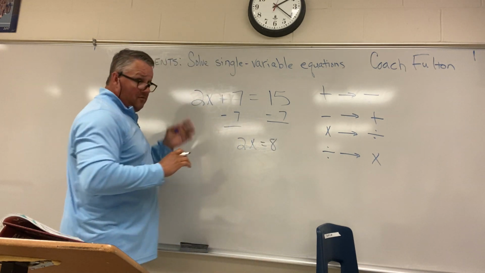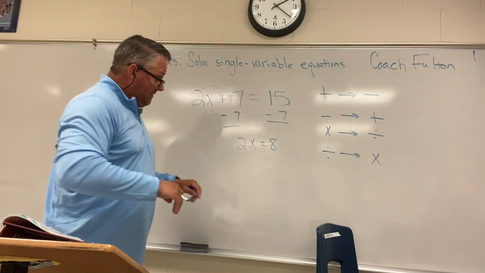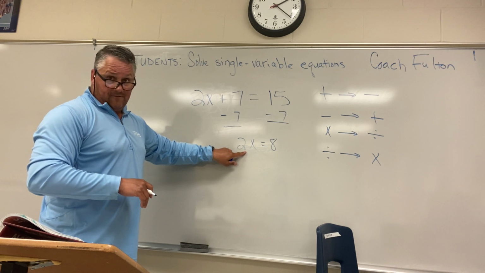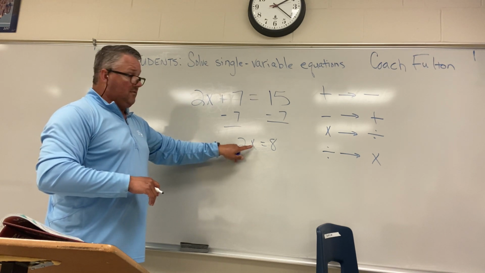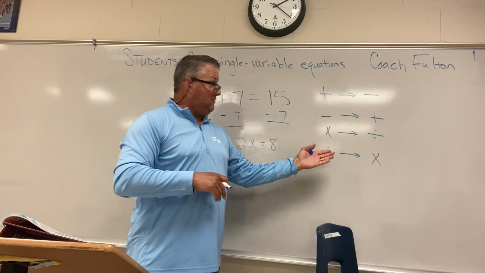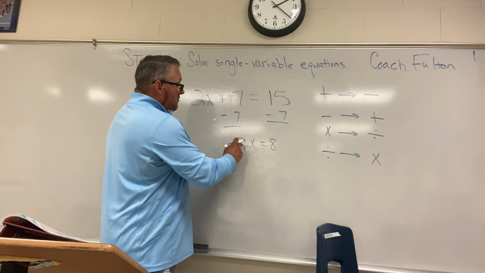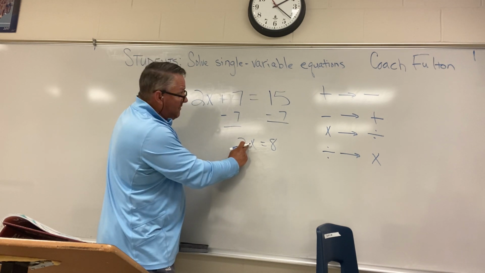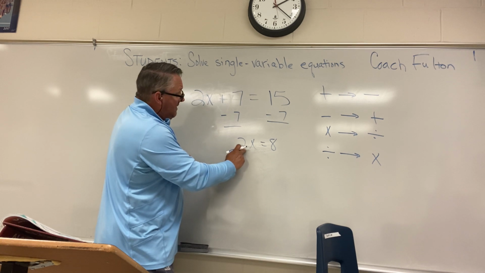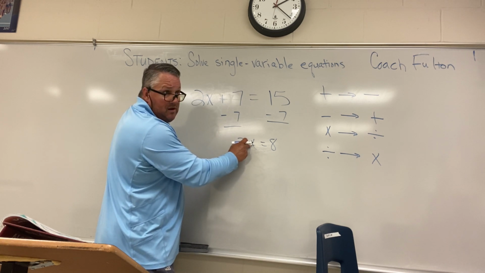So are we done? No, there's 2 x's. We need 1 x. So there's a little like term 2 in front of the x here. To get x by itself, I've got to think of the inverse operations we just talked about. When you don't see a symbol between a number, which is called a coefficient, and a letter, x, if you don't see an operation between them, you know it's times.